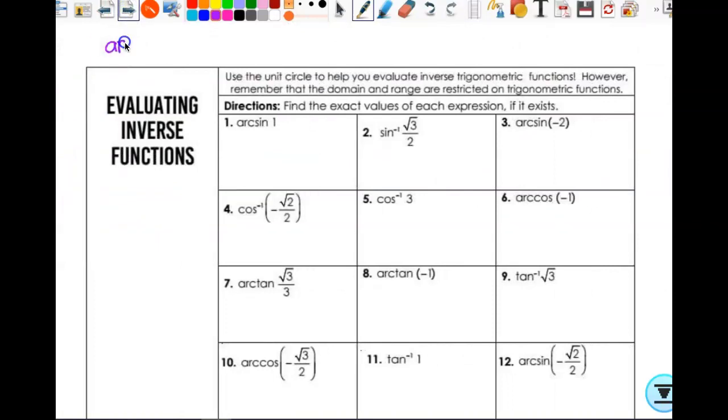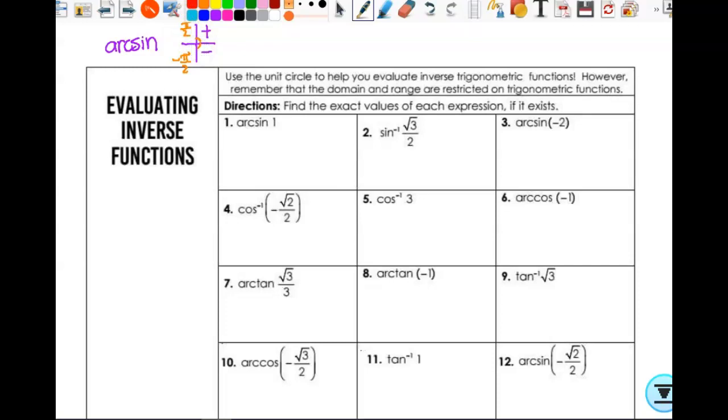Okay, so let's rewrite some of that. So we know that for arc sine, which is sine inverse, I'm just writing it that way so that you have seen it that way, my answers can come from first and fourth quadrants. But when I say fourth quadrant, it's not an angle like 11 pi 6th, it's an angle like negative pi 6th because we are going from negative pi halves to pi halves.